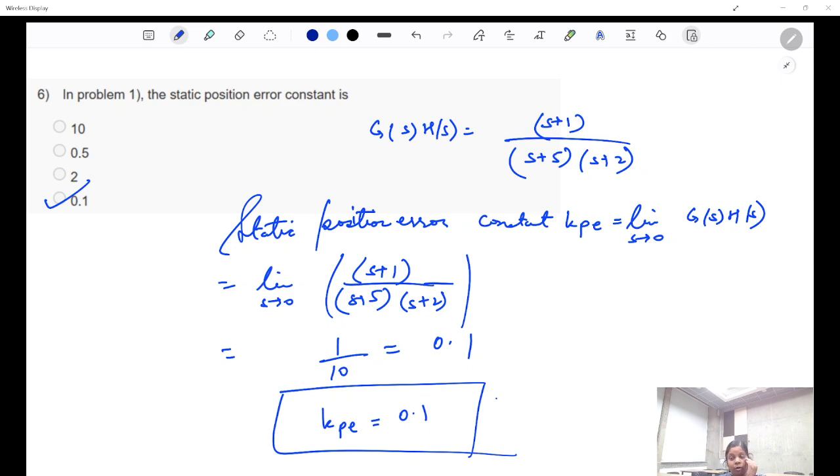Okay, this is from the earlier lecture itself. I think it was covered in 4th or 5th week of the lecture, where we saw type 0, type 1, type 2 and type 3 system, and then we saw what are the error constants for unit step, unit ramp and parabolic input.